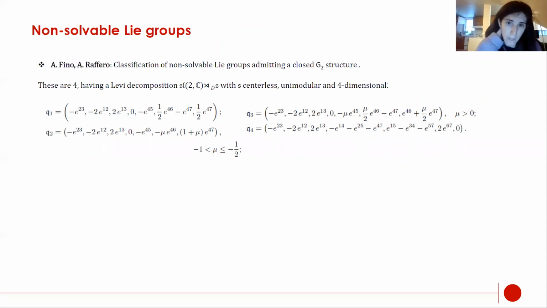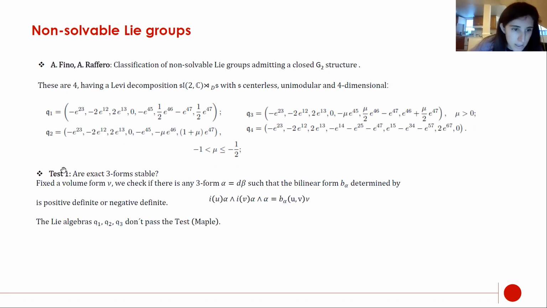So we only have to focus on Lie groups appearing in their classification. And these are 4, and they have Levi decomposition, which is a semi-direct product of SL(2,C) with a centerless unimodular 4-dimensional solvable Lie group. And here I wrote them.